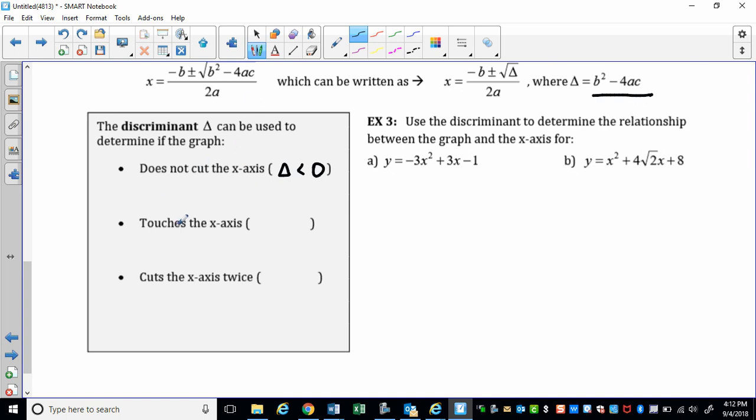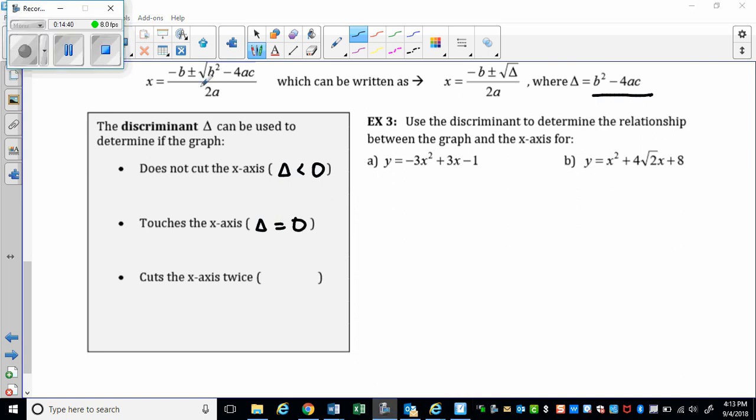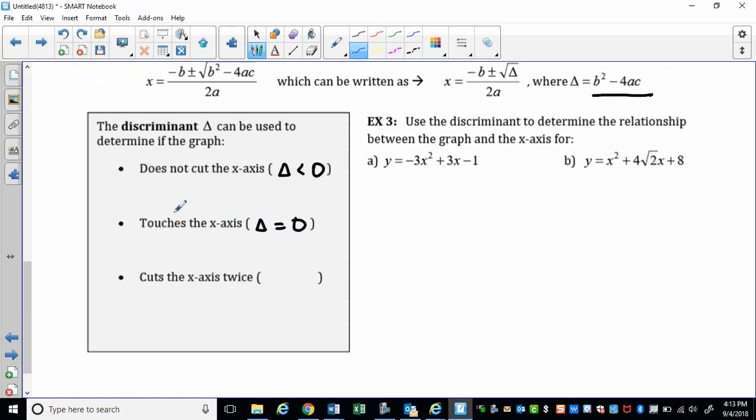If my graph touches the x-axis, then my discriminant is going to equal 0. If my discriminant equals 0, then we're going to have one real solution, but it's going to be repeated, okay? And if our discriminant is greater than 0, then we're going to have two unique real roots.